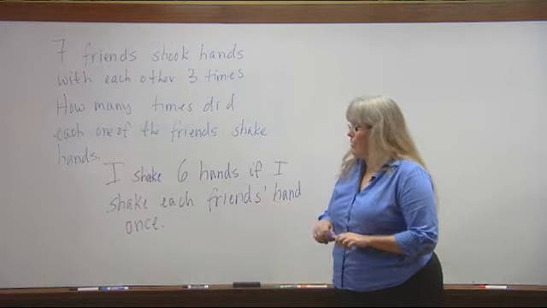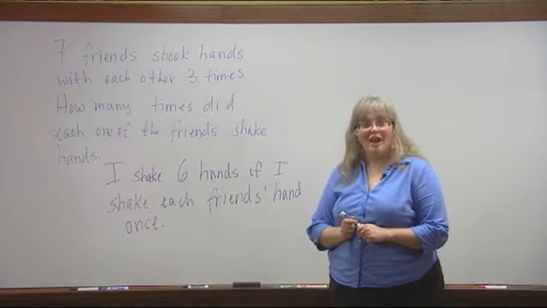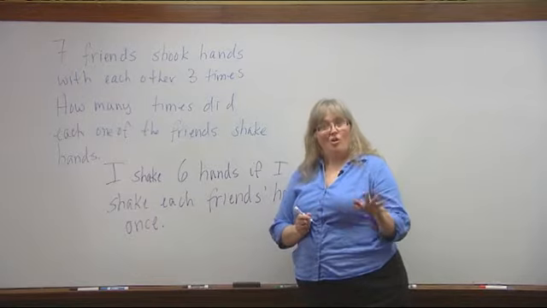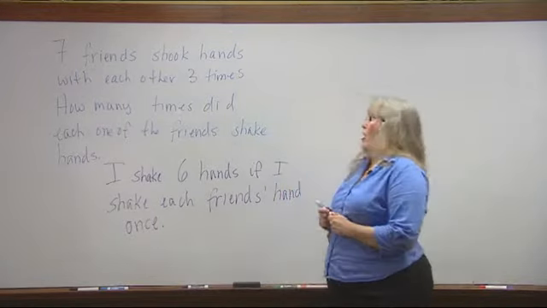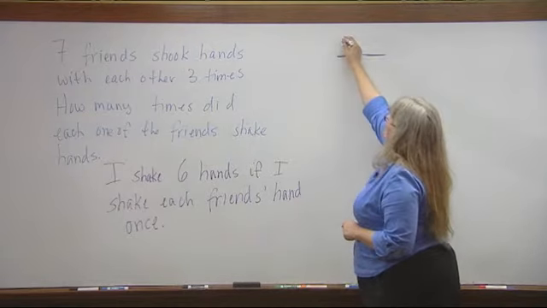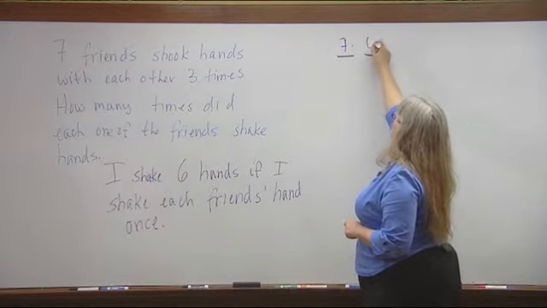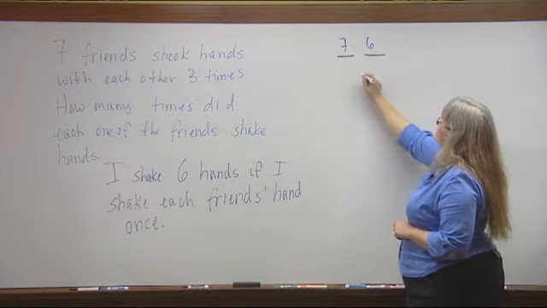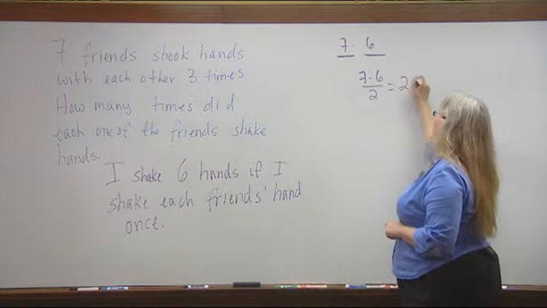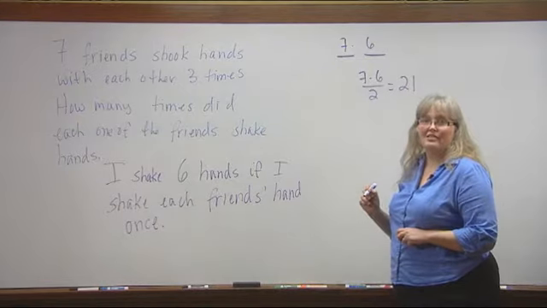So let's think about why, if we tried to solve it the way we've been solving these handshake problems, where might we go wrong? Because if we did it the other way, we'd go, all right, there are 7 times 6, so 7 times 6 divided by 2 is 21 total handshakes.